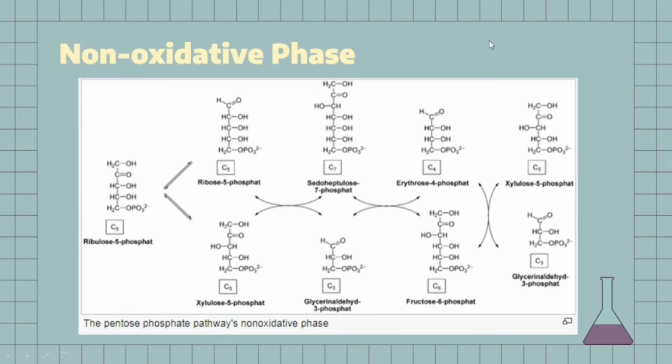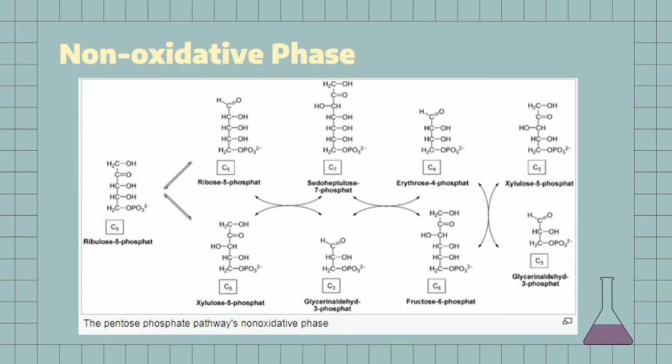In the second process, we will take in again the ribose 5-phosphate and the xylulose 5-phosphate. This process will use the transketolase enzyme, which requires a cofactor called thiamine pyrophosphate.